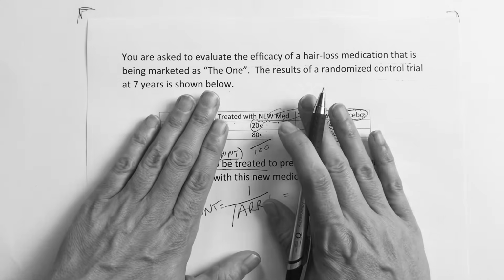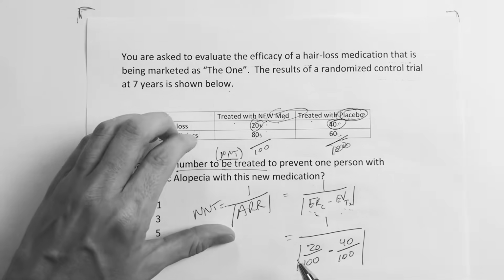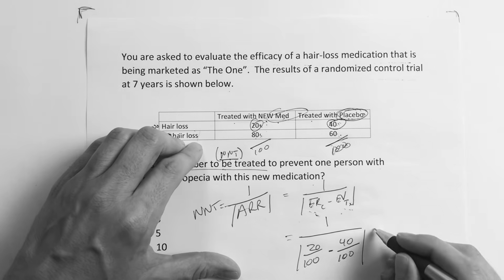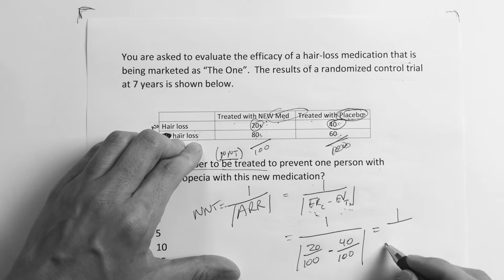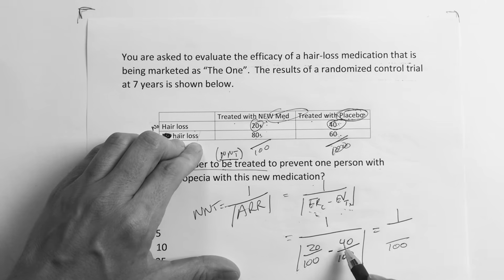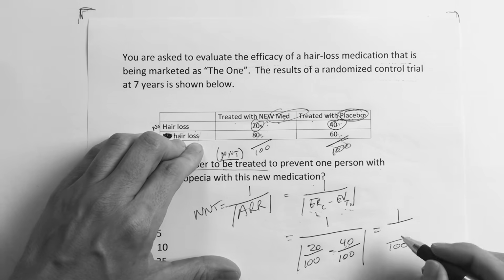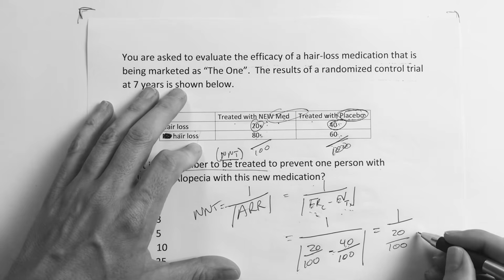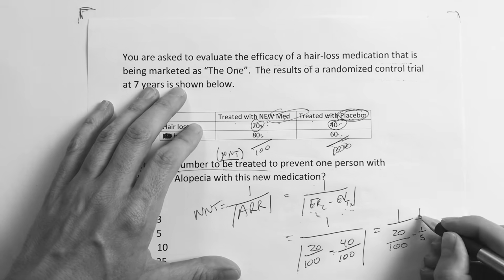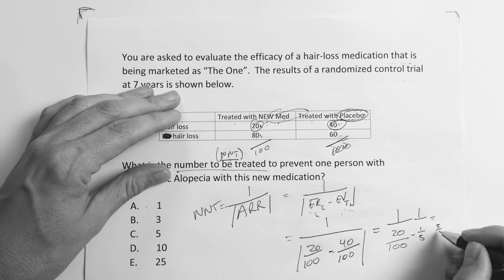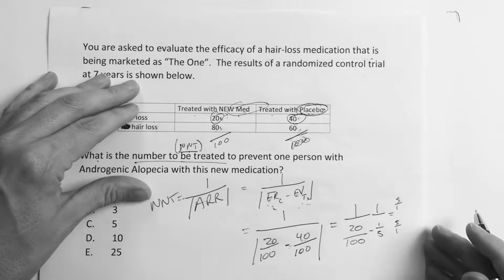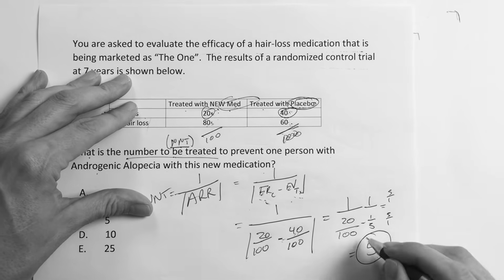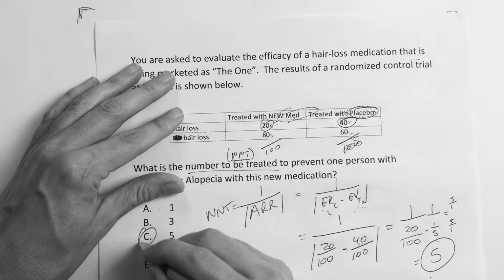Again, don't worry about the technicalities of this drug. With that being said, I keep my denominator, 100. 20 minus 40 or 40 minus 20, it doesn't matter, absolute value, and I get 20 over 100, which is basically 1/5. So if I do all the simple math, I would get a number needed to treat of 5.